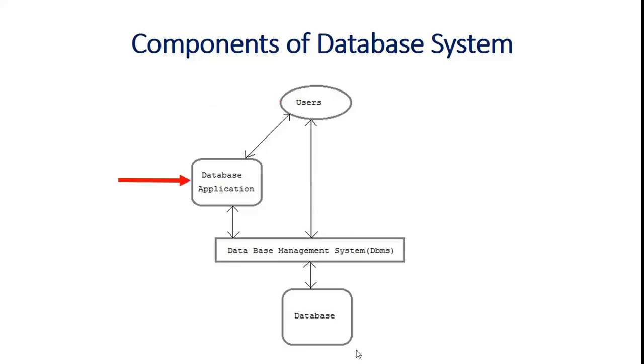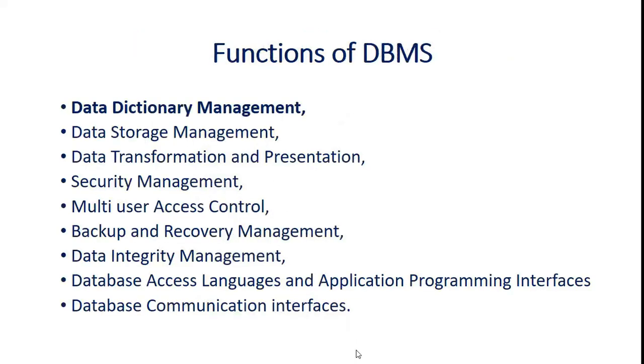Database applications may be personal, departmental, enterprise, and internal. DBMS is software that allows the user to create and manage databases and access them efficiently. For example, MySQL, Oracle, etc. are examples of DBMS. Database is nothing but a collection of logical data.